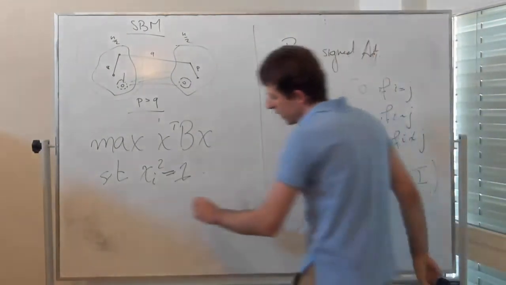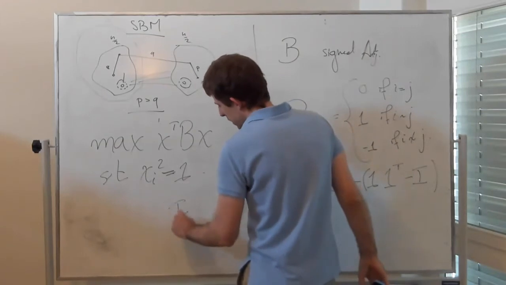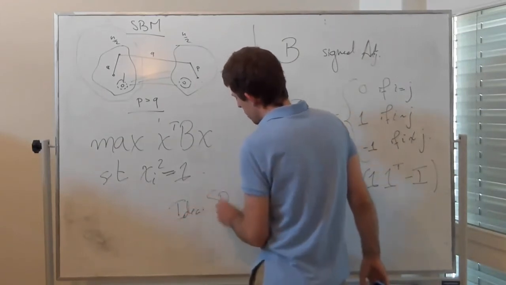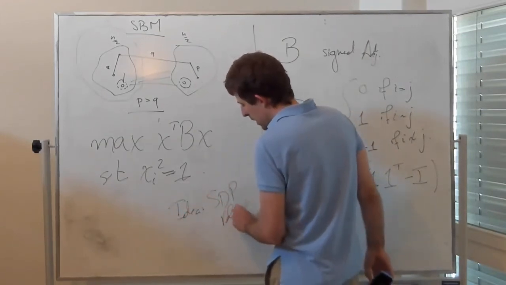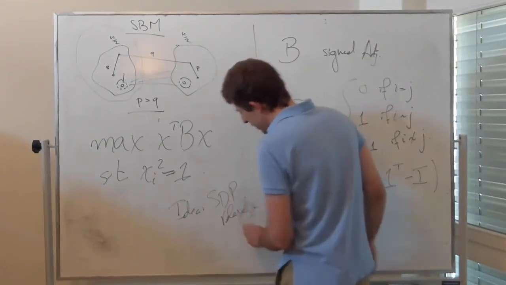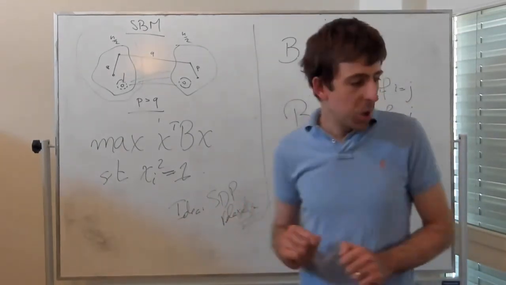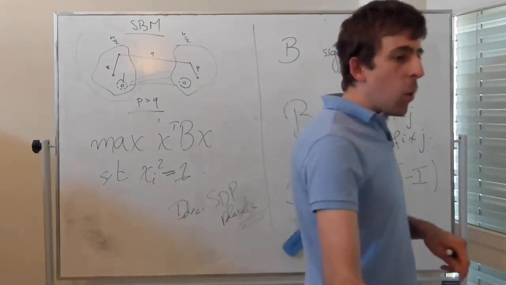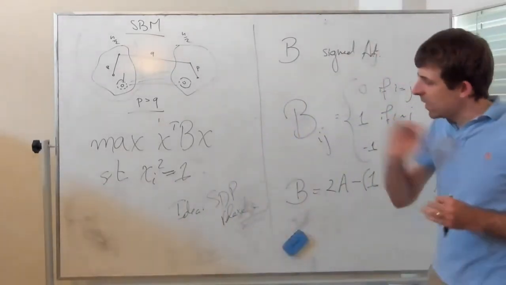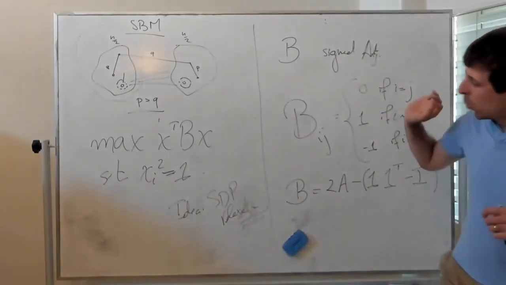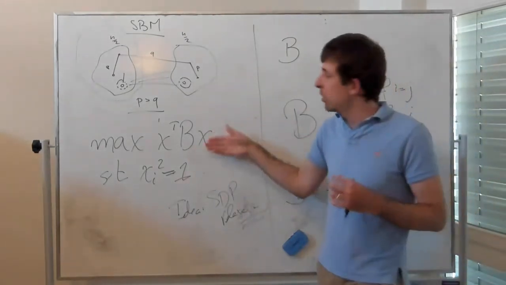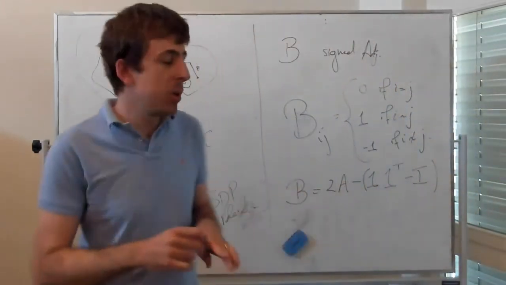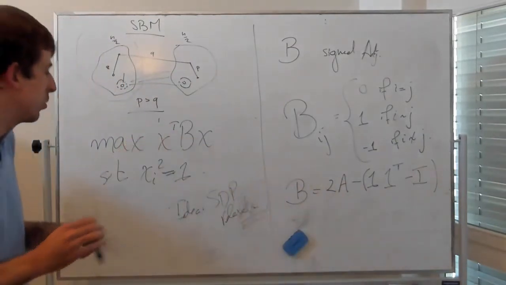The idea will be to look at an SDP relaxation. Then, instead of studying it in terms of approximation, we're going to study it in terms of recovering exactly the right solution for the random matrix B. So we're going to try to prove that with high probability on the graph, we actually get the right solution.